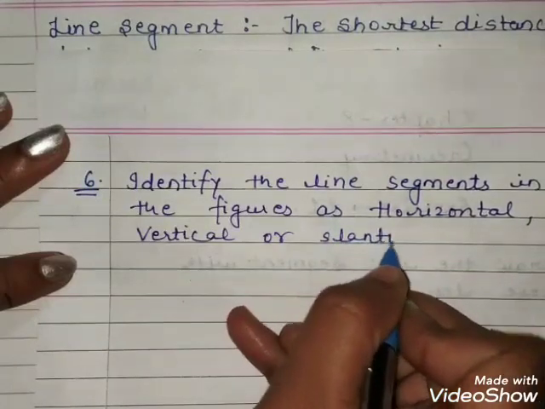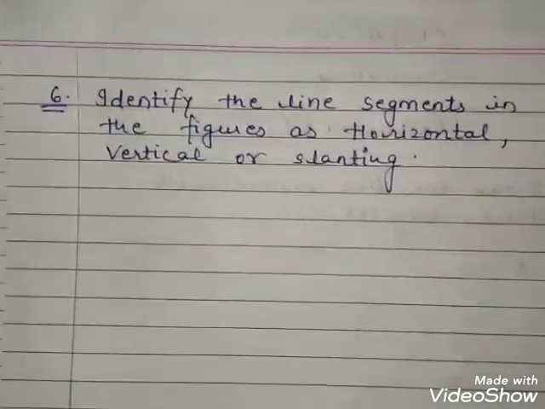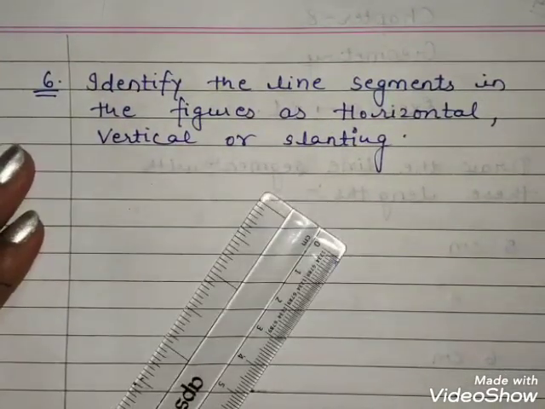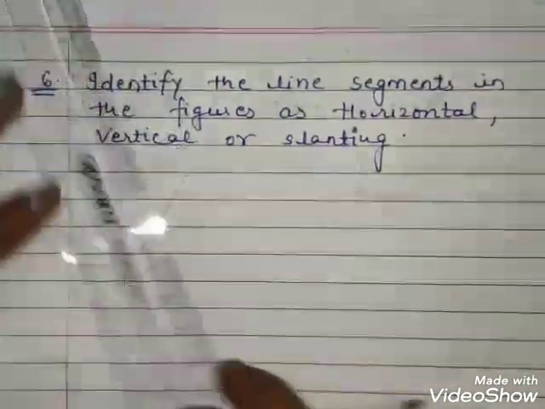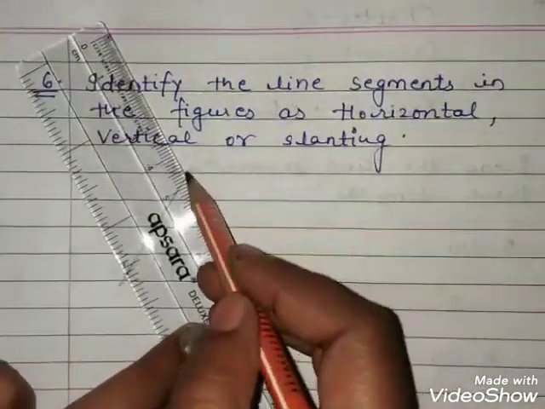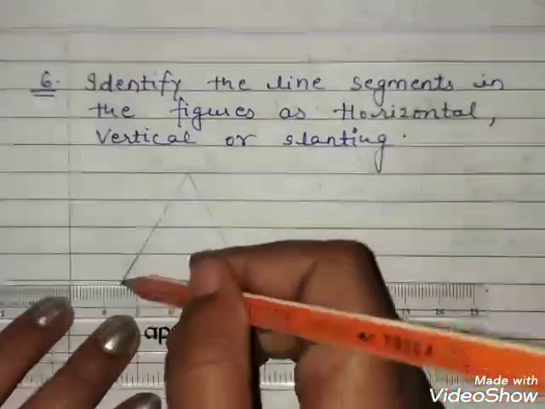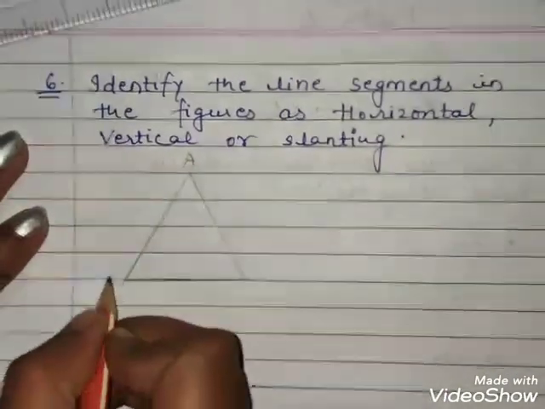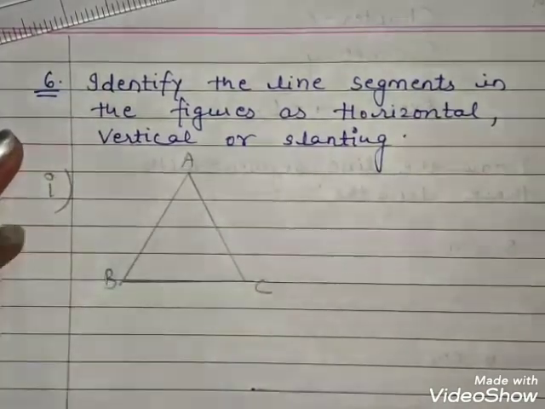So we need to draw these figures and we need to identify the lines. First we will draw these figures, then we will identify these lines. Such a kind of figure is given in your book, which you can draw in your notebook also. And ABC is the name given.